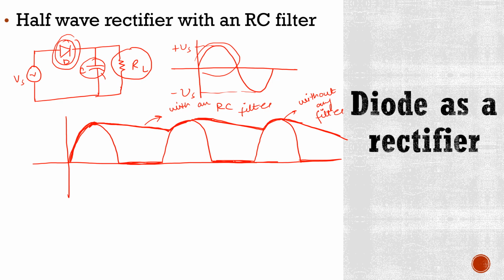Now the capacitor charges through diode up to this point Vp, and after this point Vp, this capacitor gets discharged through load resistor RL.